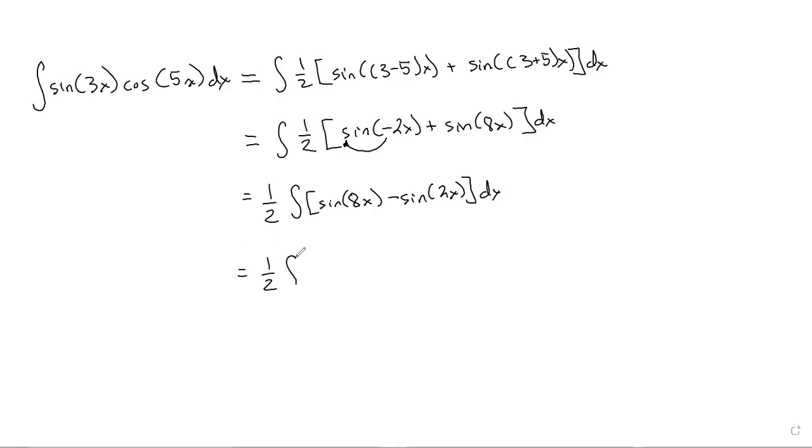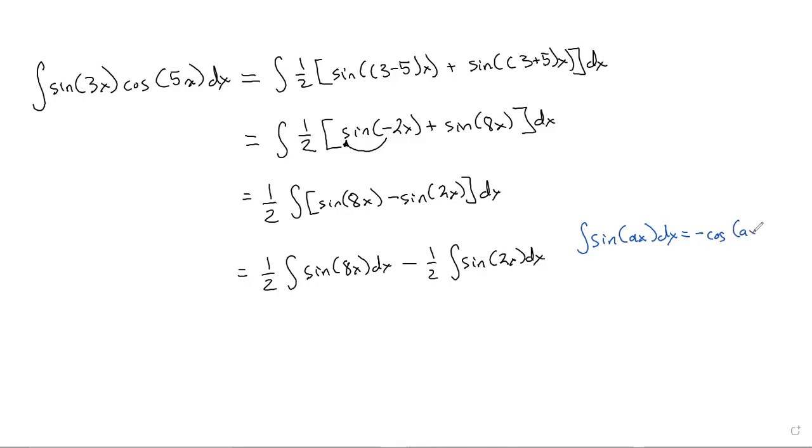And now I have fairly straightforward integrals to evaluate, where we're going to use the formula that the integral of the sine of ax dx is equal to the negative cosine of ax over a.